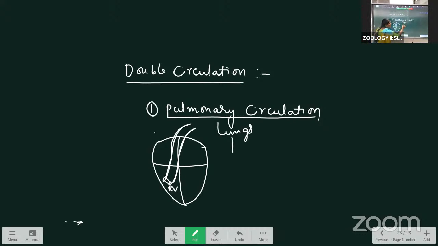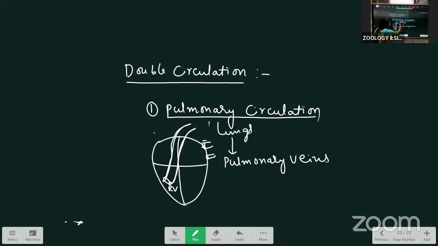From the lungs, after the oxygenation, the blood reaches the heart only through the pulmonary veins. Two pairs of pulmonary veins get the oxygenated blood and give it to which one? Given to the left atria. Here the pulmonary arch pumps the deoxygenated blood to the lungs for purification or oxygenation.